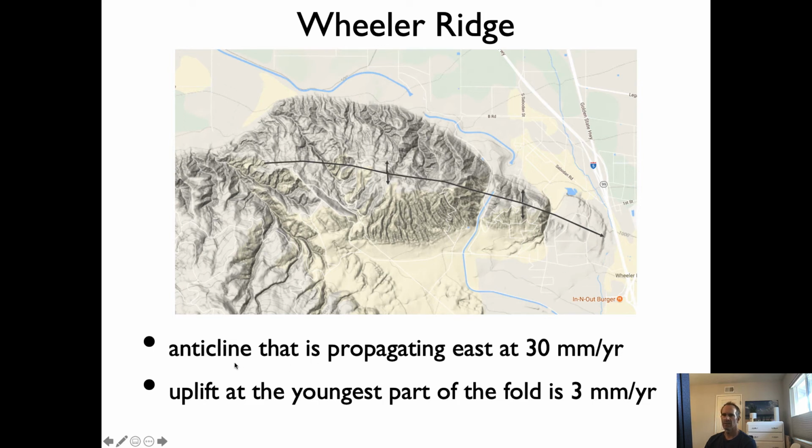This is an example of a propagating fold, an active anticline, and it's propagating towards the east, towards In-N-Out Burger, at about 30 millimeters per year. There's some drainages in here where this river used to pass through, and then it got deflected to another spot, and now it's passing through here, and it will eventually go through here. The uplift at the youngest part of the fold is about 3 millimeters per year.